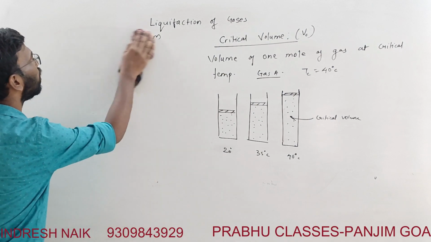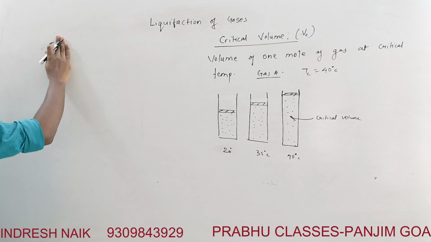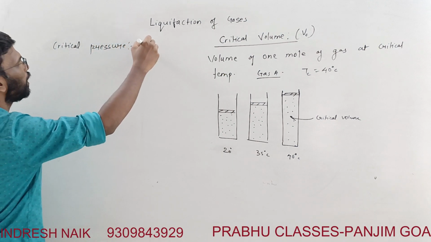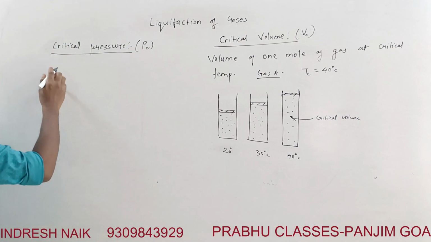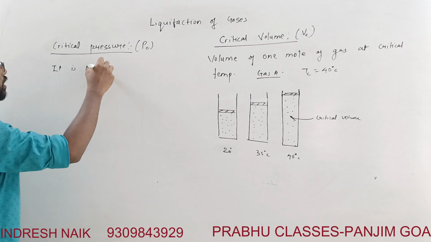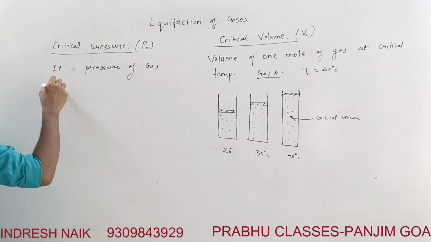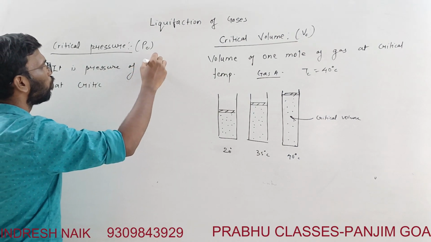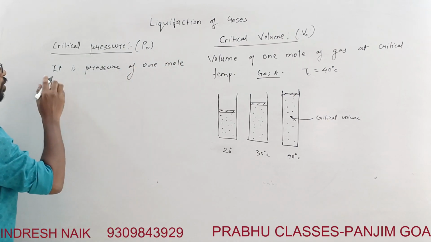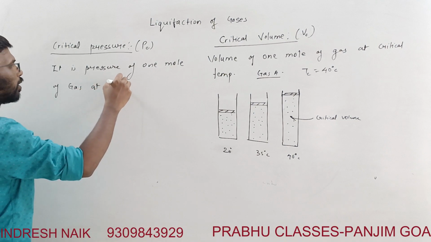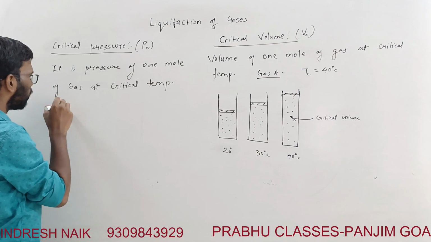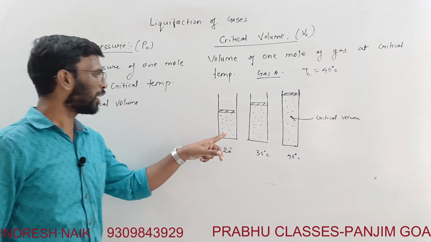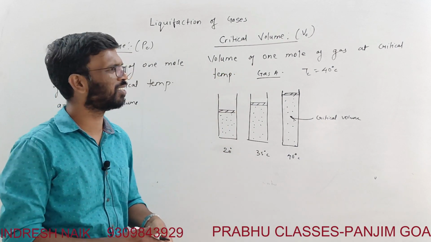Critical pressure, PC, is the pressure of 1 mole of gas at critical temperature and critical volume.